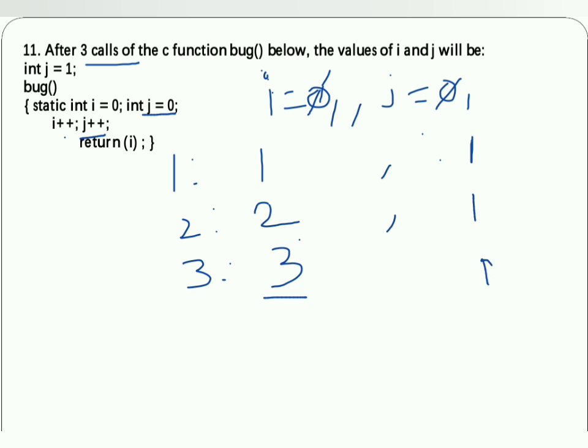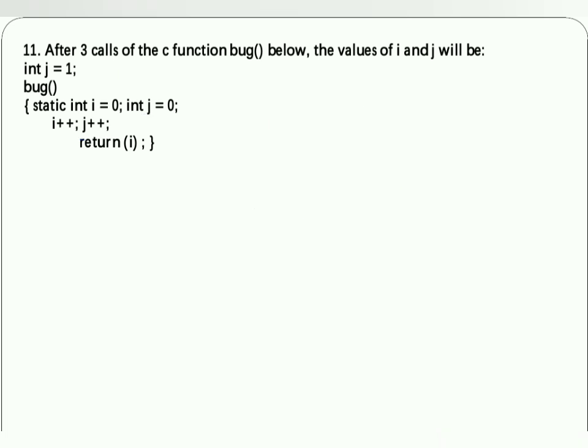So after every function call, j will become 0, and because of using the static variable for i, it can store the value. So the final value of j is 1 only, and the value of i is 3. So these are the final values: i and j values are 3, 1.